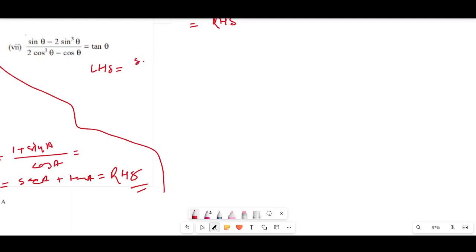So we can take common sin theta, and it will be 1 minus 2 sin square theta. Now here if we take common cos theta, here we will get 2 cos square theta minus 1.